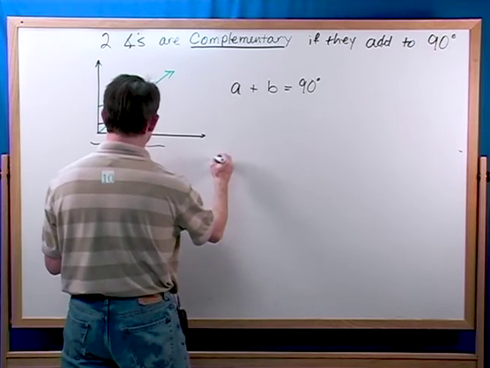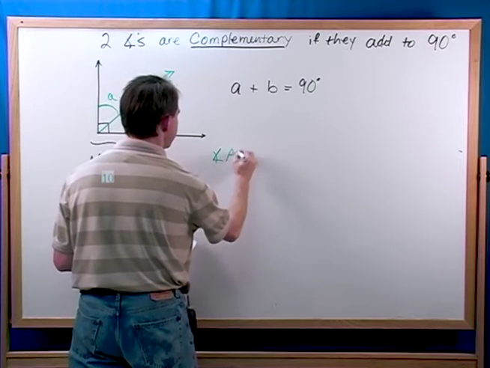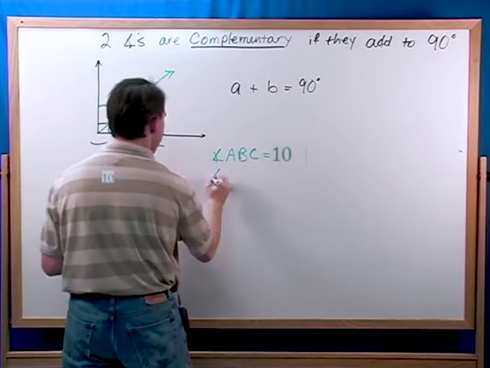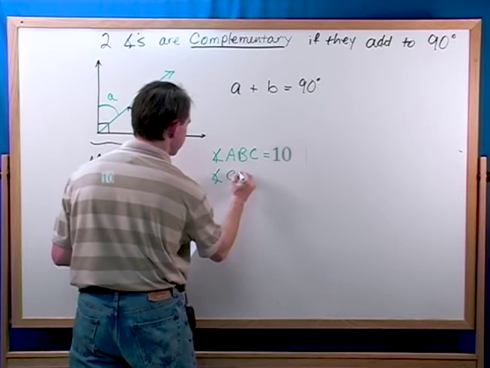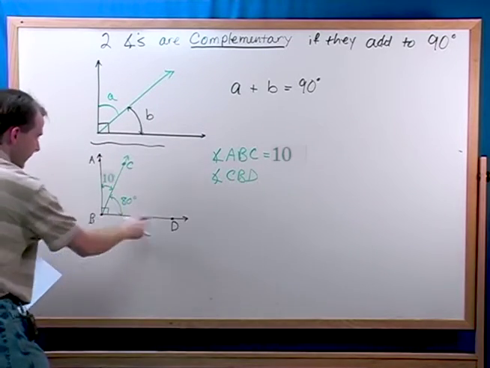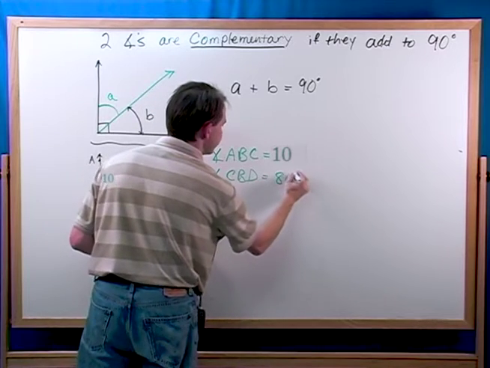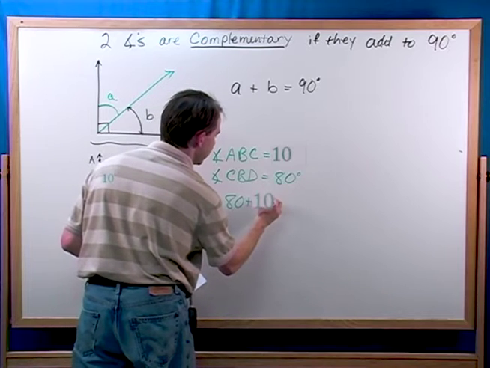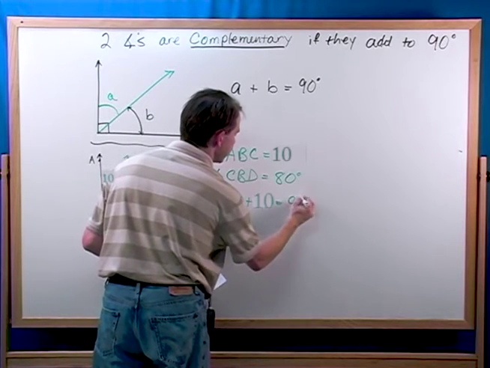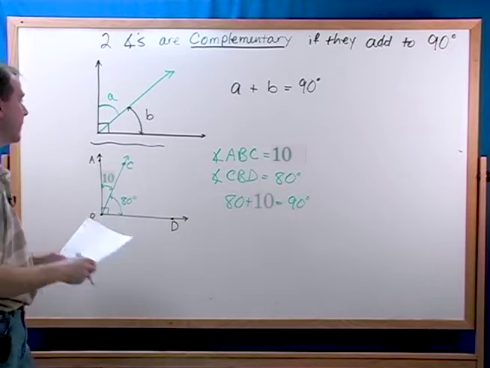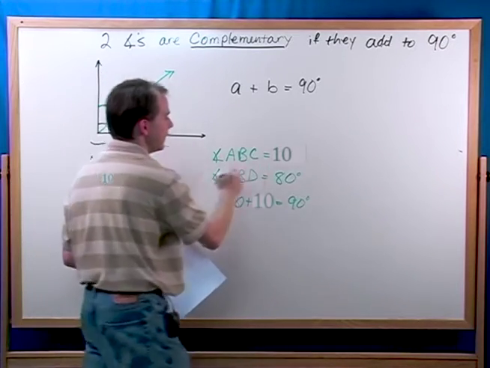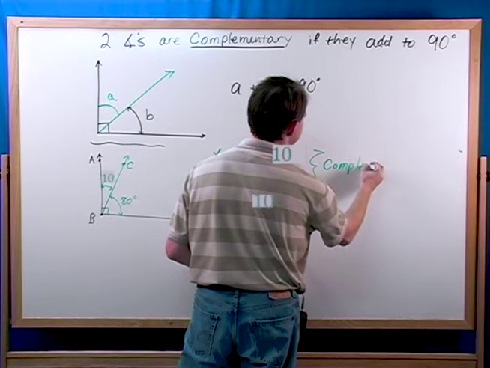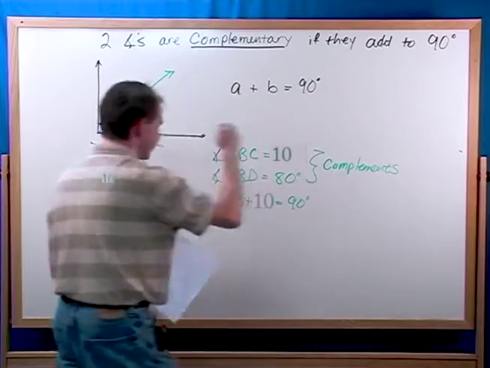So, since angle ABC is equal to 10 degrees, and angle CBD is equal to 80 degrees. Okay? And because 80 plus 10 degrees is equal to 90 degrees, then we say that ABC and CBD are complements of one another. Complements. They are complements of one another.